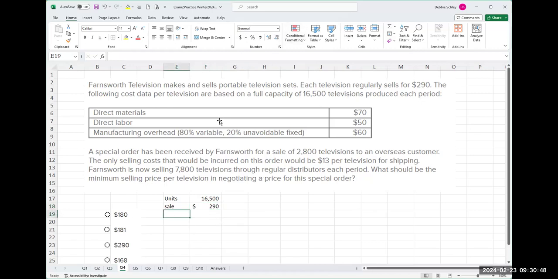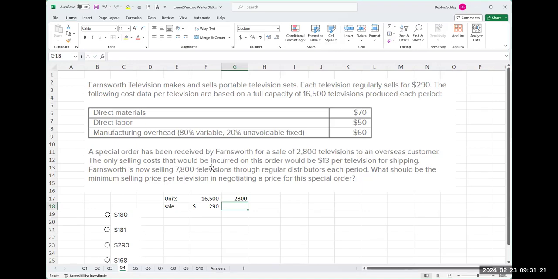Okay. They count me direct materials, direct labor, and manufacturing overhead. 80% is variable and 20% is unavoidable and fixed. So that means 80% is avoidable, right? If 20% is unavoidable, 80% is avoidable. A special order has been received by Farnsworth for the sale of 2,800 television sets to an overseas customer.